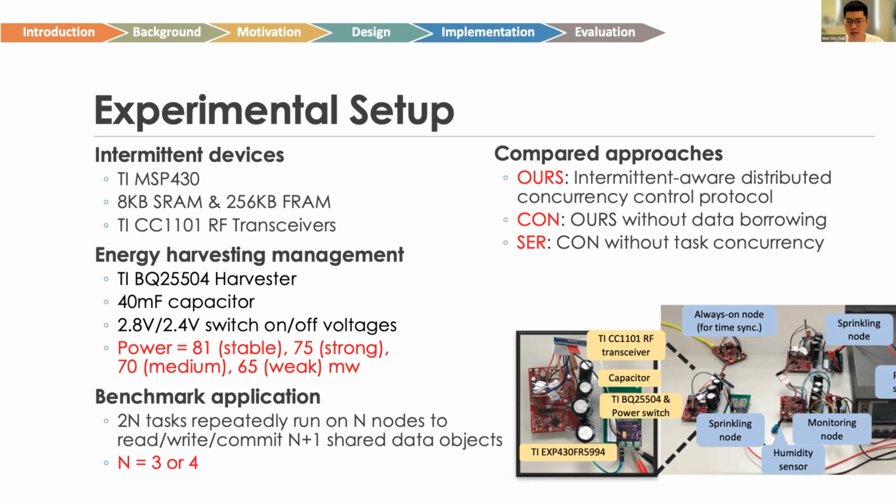There are three approaches compared, namely Ours, Con, and Ser. Ours is our intermittent-aware distributed concurrency control protocol, while Con stands for ours without data borrowing. And finally, Ser is the Con version without task concurrency.